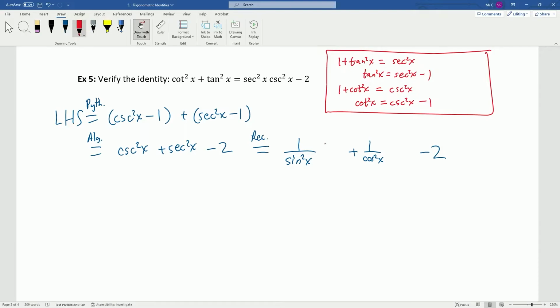And I've left myself a little bit of space here because I've got two fractions now. And I don't want two fractions. I want to combine these into a single fraction here. So I'm going to do that by multiplying by my missing denominator here. So for this first fraction, I need cosine squared of x. So I multiply the top and bottom by that. And for my second fraction, I need the factor sine squared of x.